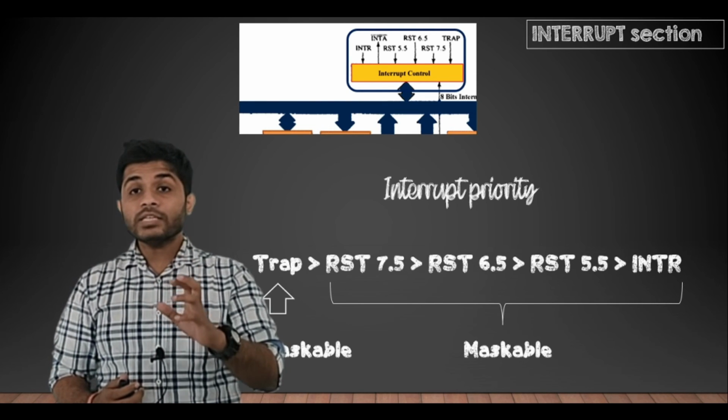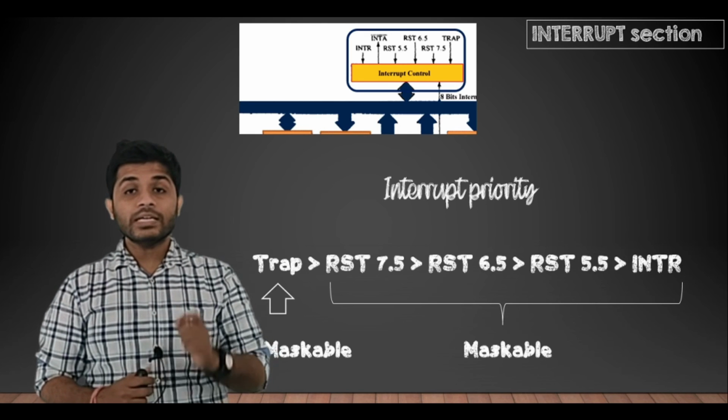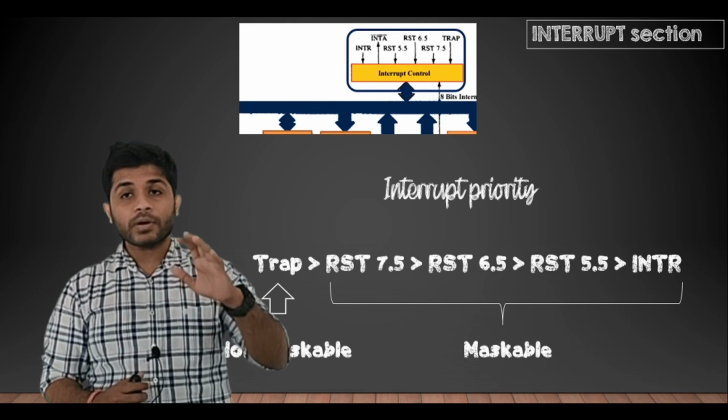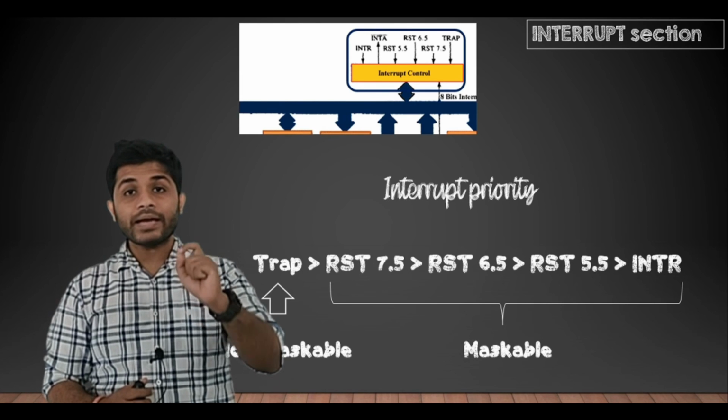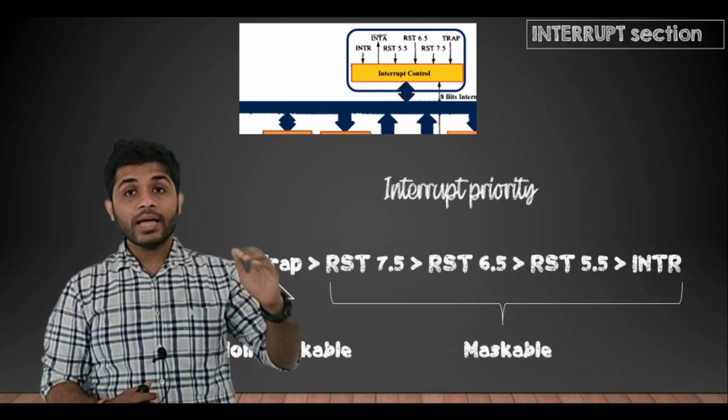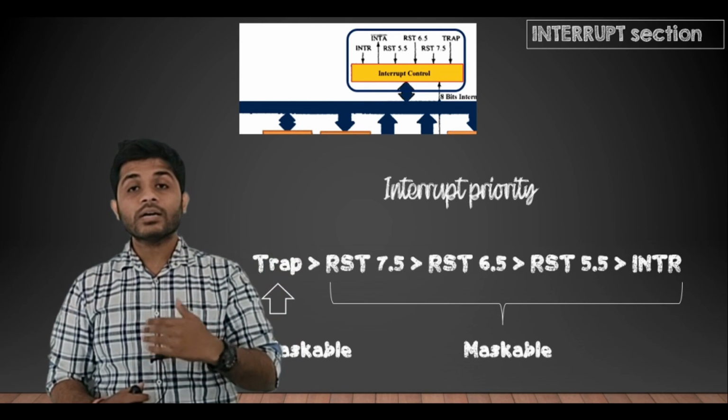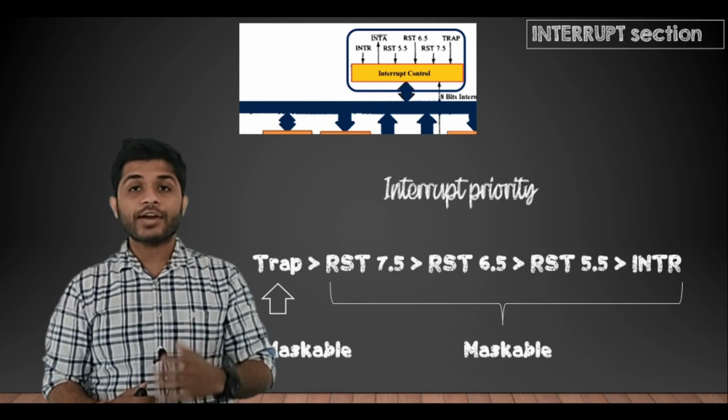But TRAP is a non-maskable interrupt. It means that if the processor is performing any important program and it gets an interrupt at the TRAP pin, it has to stop that program and execute the interrupt initiated by TRAP.